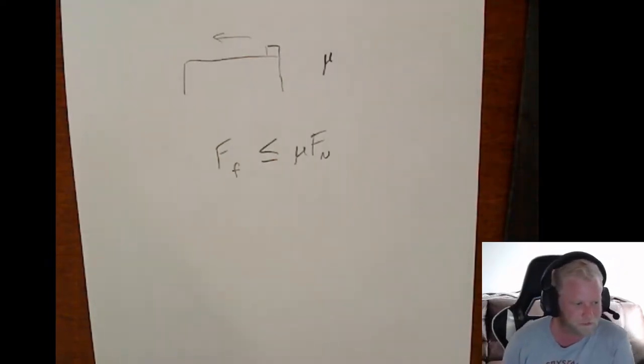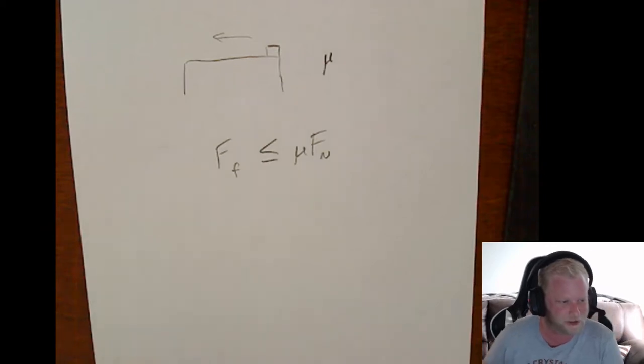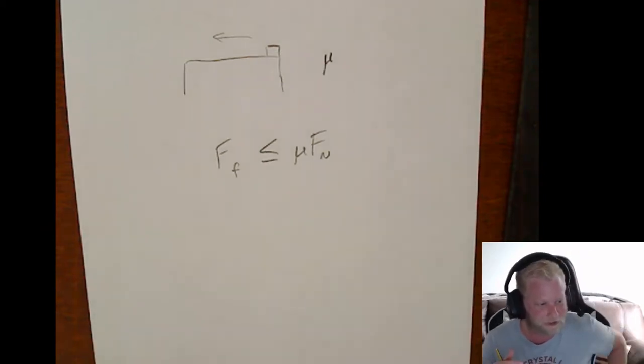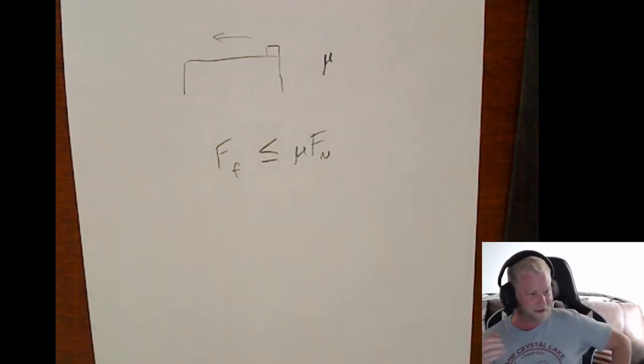Now you up the force to say 10 newtons. It still doesn't move. That means that the static friction force is pushing back with 10 newtons of force. You apply 20 newtons of force. It still doesn't move. That means that the static friction between the table and the floor is opposing your applied force with 20 newtons worth of force.